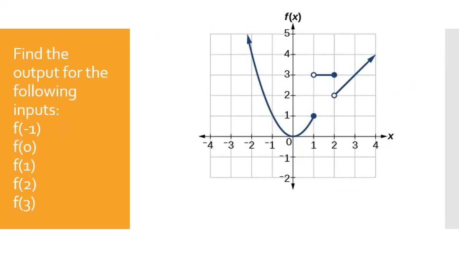Look at this graph of a piecewise function. We're going to find the output for the following inputs using the graph. First, we have f of negative 1. In order to find the output for f of negative 1, the first thing we have to do is find out where negative 1 is as an input.